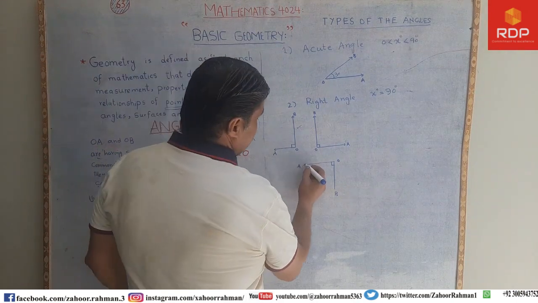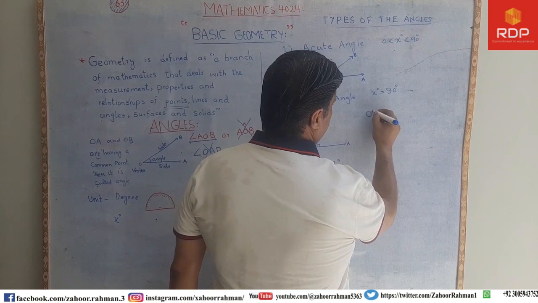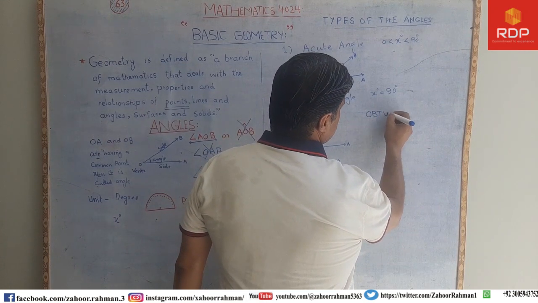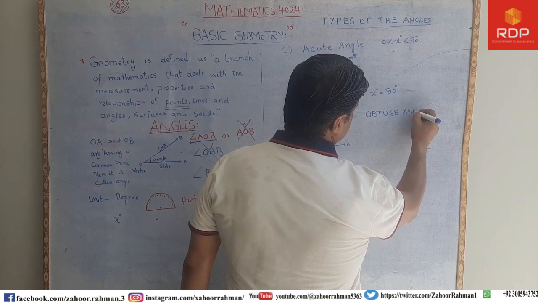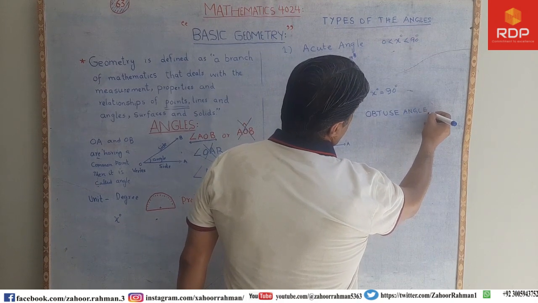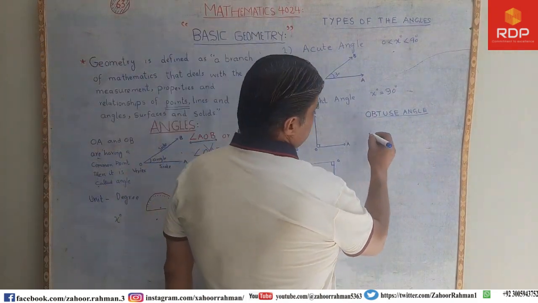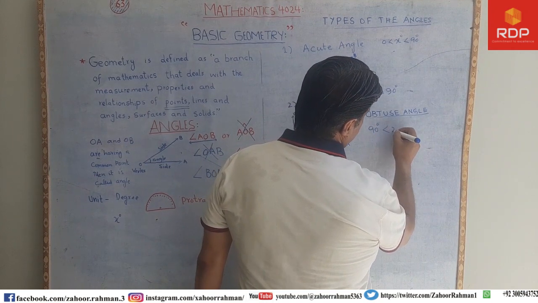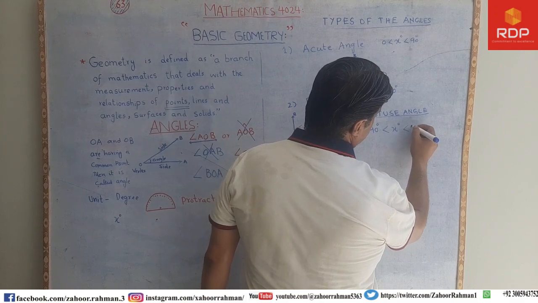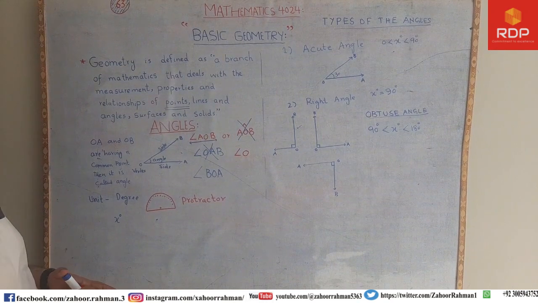Okay, next is obtuse angle. Ladies and gentlemen, obtuse angles are those types of angle which are lying between 90 degree and 180 degree. 180 degree and 90 degree are not included because 90 degree is included in right angle.